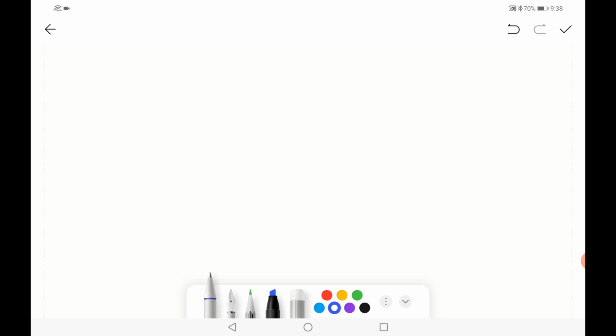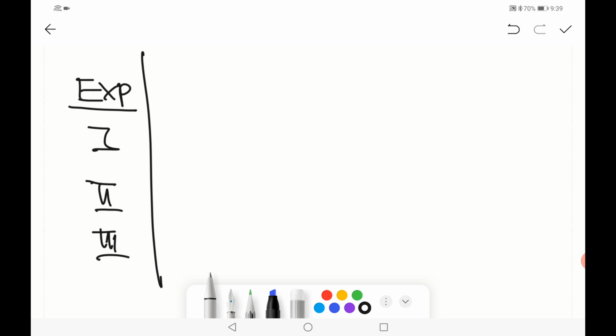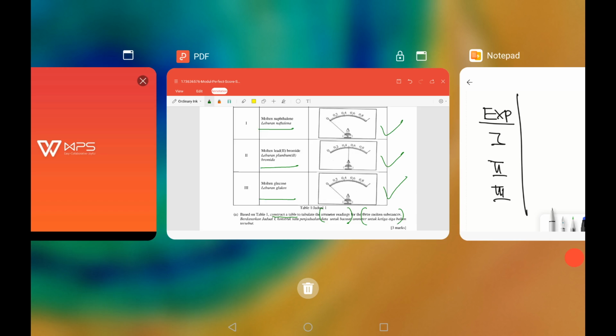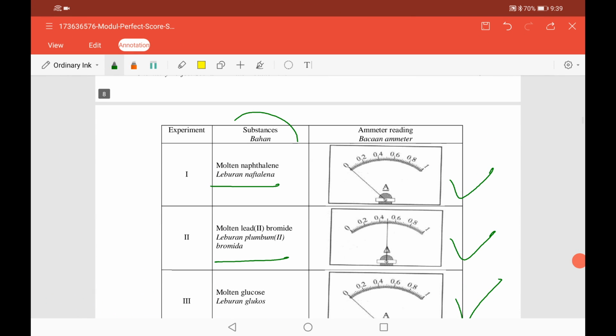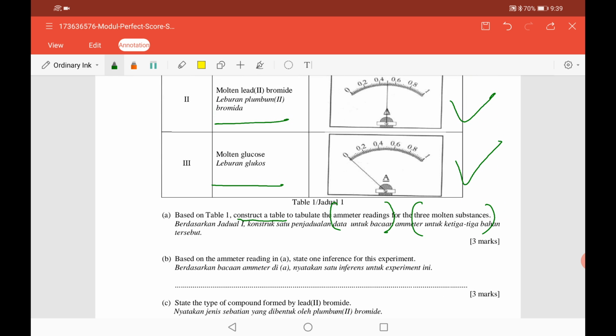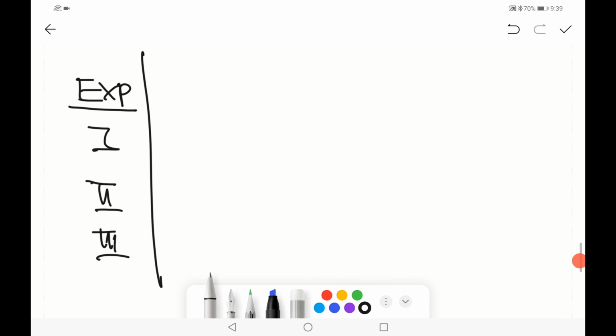So the first column I can write down as experiment, which I have experiment 1, experiment 2, and experiment 3. For the second column, as you can see, we have the substances. If you don't write substances, you also can write molten substances, because the question says 3 molten substances.